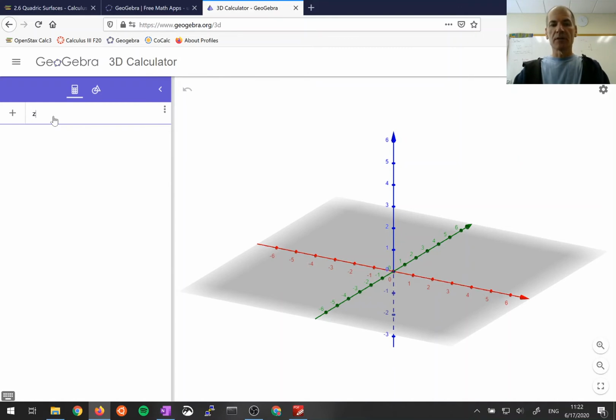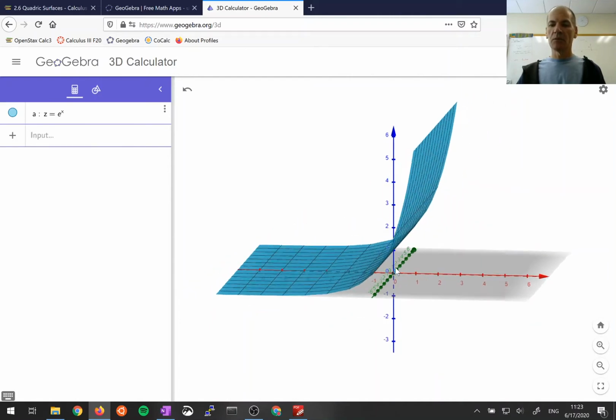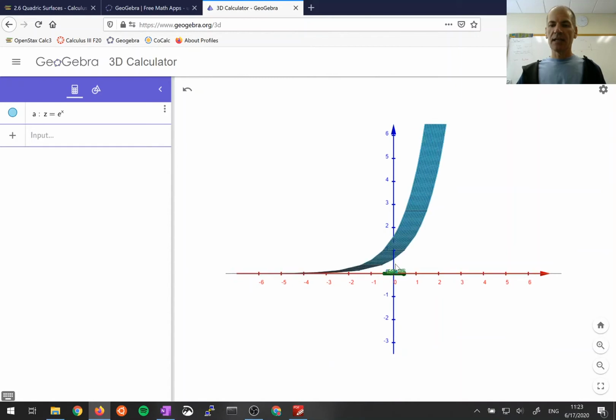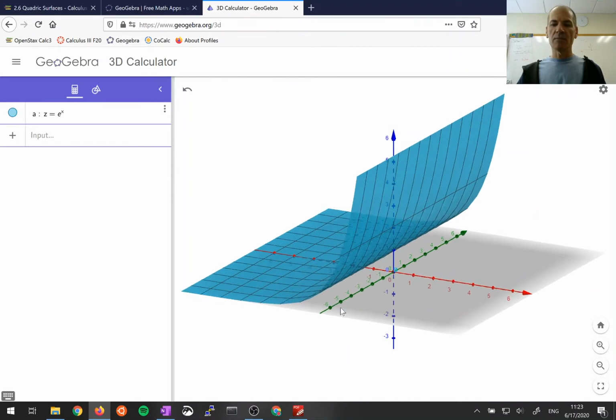So I can type an equation like exp x, and it knows that you're working in 3D, so it knows to extend it indefinitely in both the positive and negative y directions. If you look at it edge on in the xz plane, you see the familiar exponential curve. But if you glance a little bit askew and include that y dimension, you see that this is a surface that extends away parallel to the y-axis.